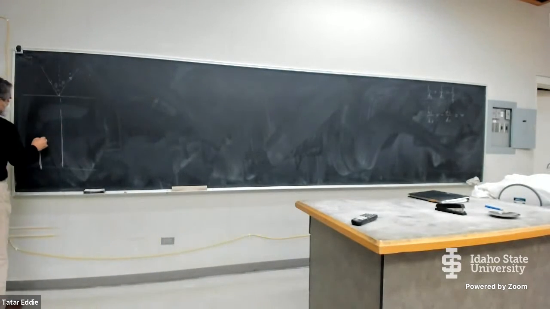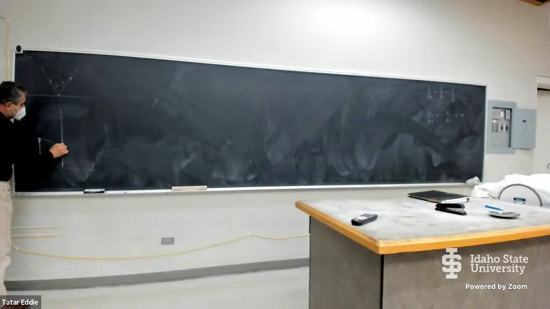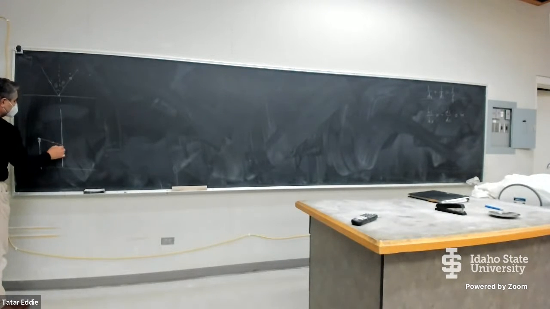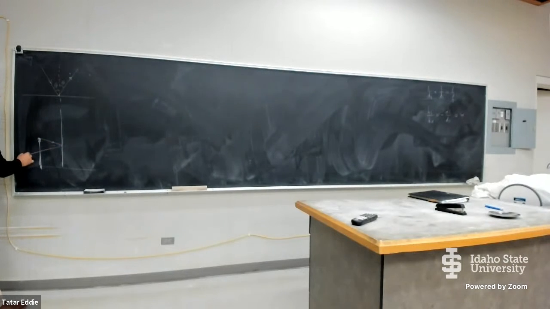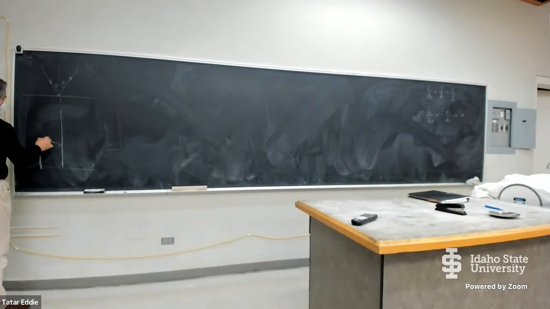So one light ray may be coming this way, reflected according to the law of reflection. It is going to be reflected this way. Another light ray, maybe, let's do it this way.